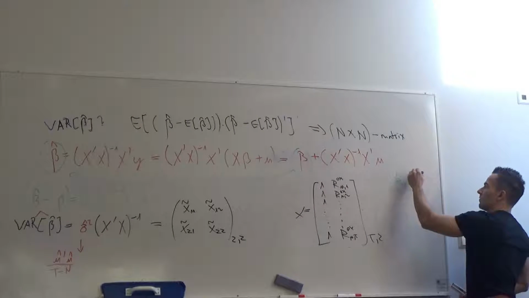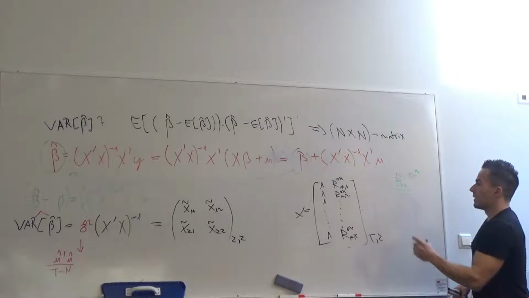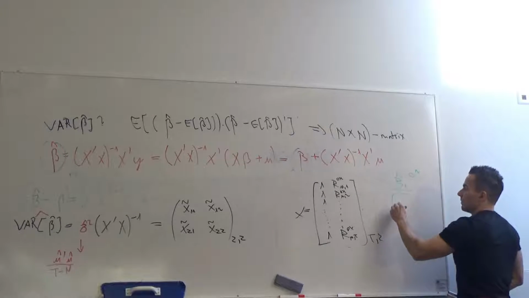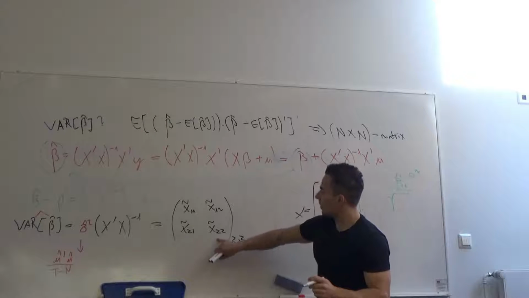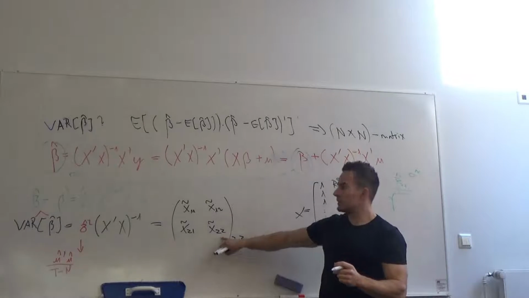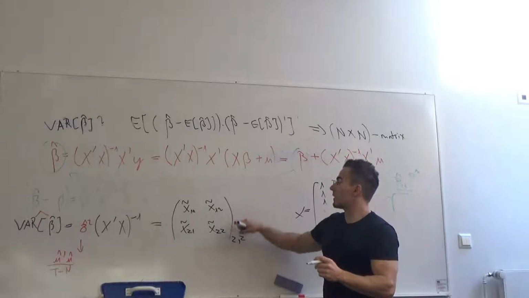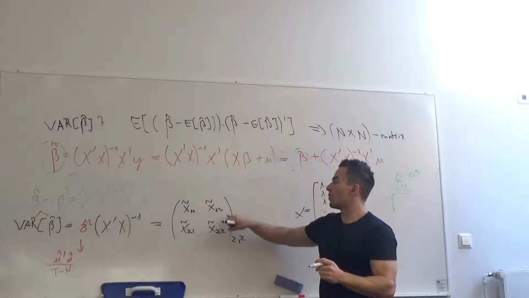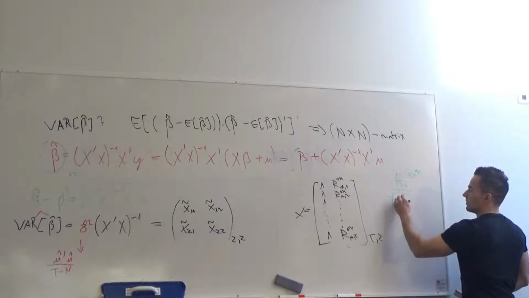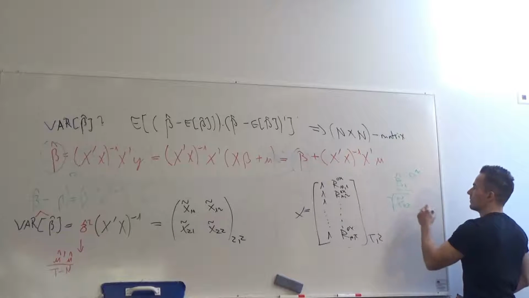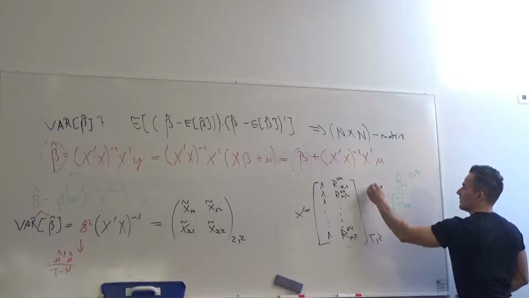Maybe it's like, I don't know, let's say 0.7. And we divide it by the square root of x22, the second element from this covariance matrix here. So that's the t statistic, the t stat.